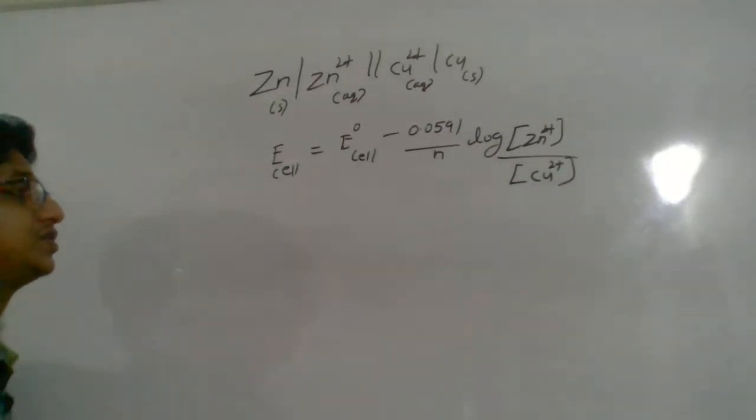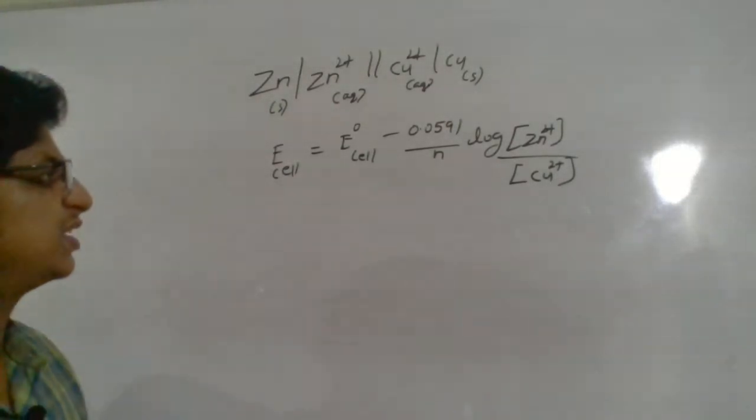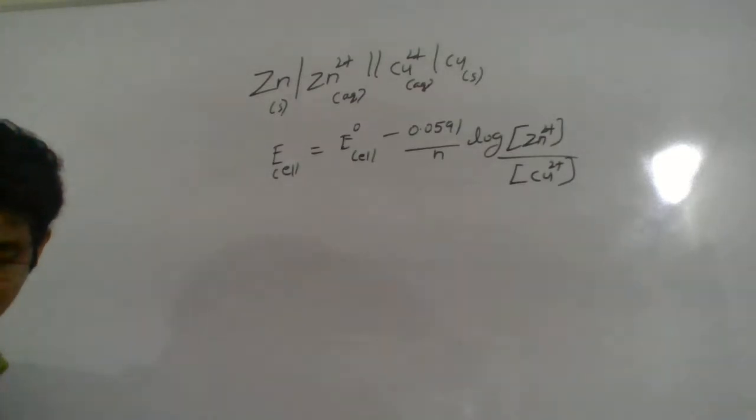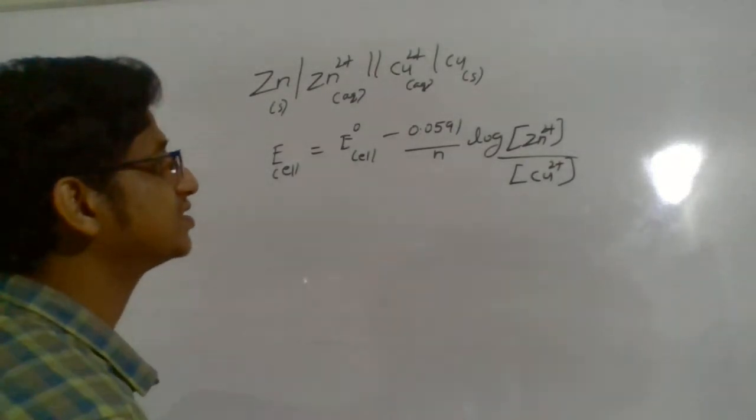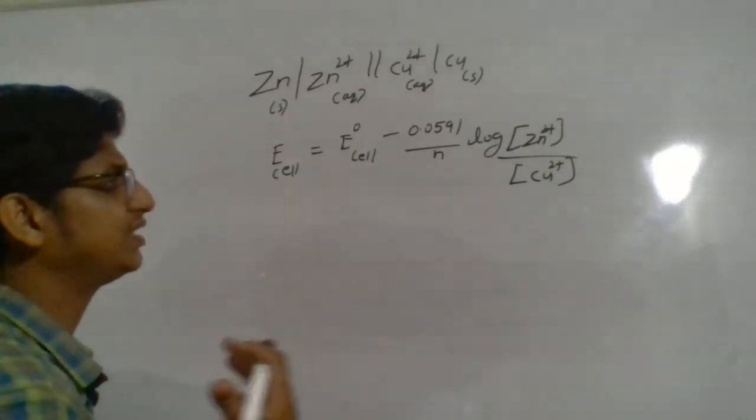E cell is equal to E0 cell minus 0.0591 divided by n log, where we put the concentration of the oxidized state of the anode, Zn2+, divided by the concentration of the oxidized state of the cathode, Cu2+. This is the Nernst equation for this Daniel cell: E cell is equal to E0 cell minus 0.0591 divided by n log [Zn2+] divided by [Cu2+]. Now, let us think in terms of equilibrium.